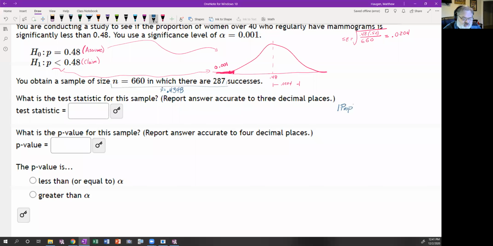So our one proportion z-test. And that's going to want our null hypothesis. It's going to want the number of successes and the number of trials. It'll figure out the sample proportion by itself. And then this is one tail and specifically left tail.